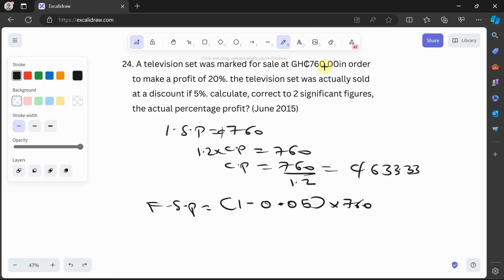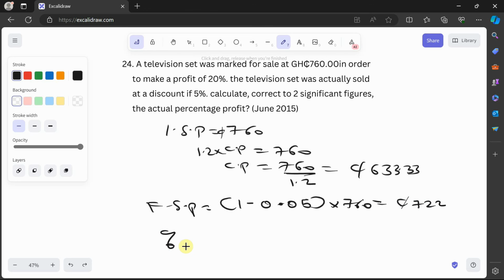Remember, you already marked up to 760. When you realize that things were not moving very fast, you do a 5% discount. It did not do a 5% discount on the initial cost price, though. It did a 5% discount on the marked up price. That would be 0.95 times 760, which is 722. So this is 722 Ghanaian cedis.